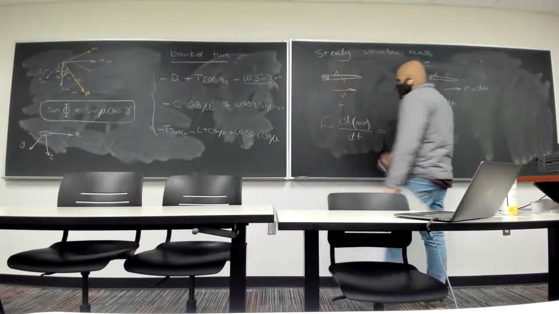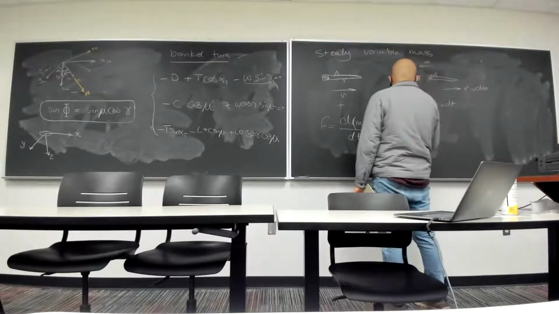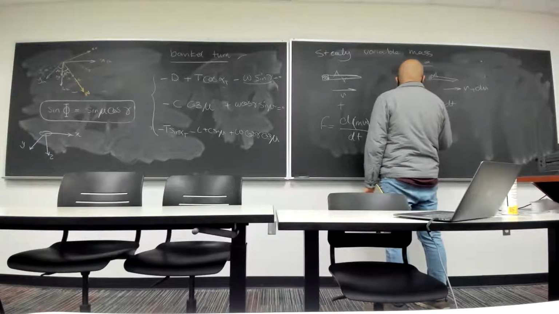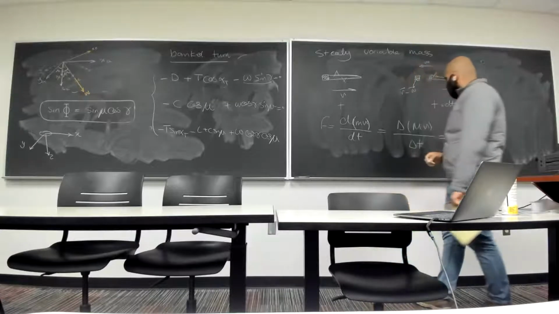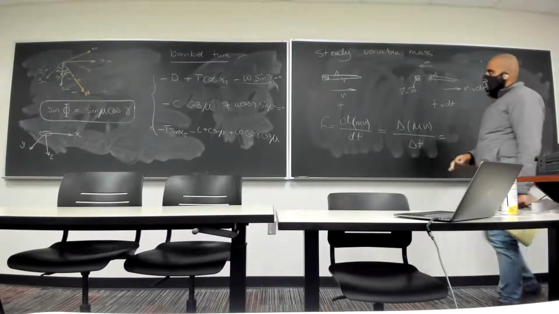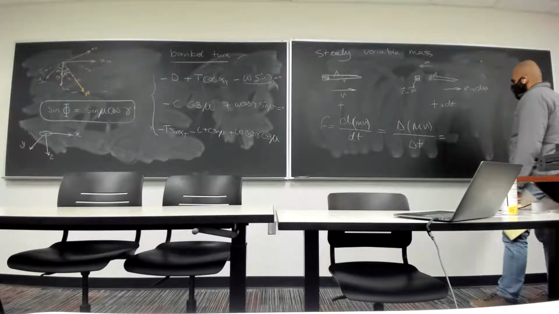So let's say the changes are linear, which means we get delta mv divided by delta t. So your situation here plus your situation here.